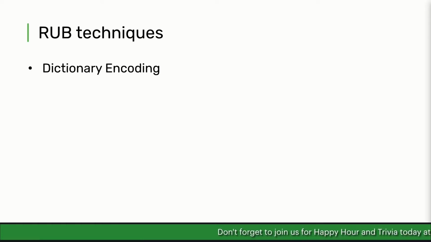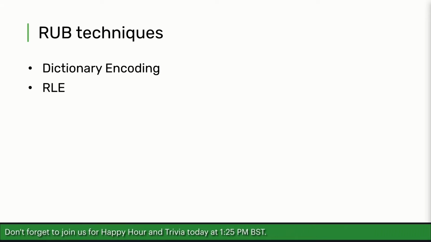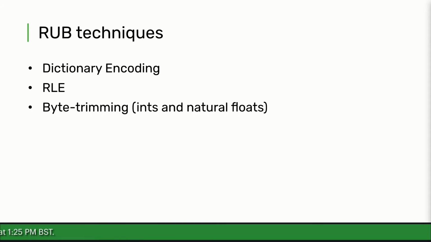So here are some of the techniques that we're using to reduce the memory footprint of data as it lands in the read buffer. Dictionary encoding, I mentioned before, which is basically taking the individual string values of tags, for example, and mapping those to an integer. We also have run length encoding to encode repeated values, which is really important for, say, lower cardinality tags where we can save a bunch of space.